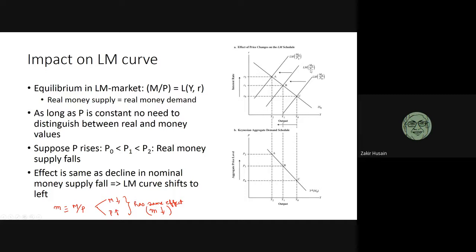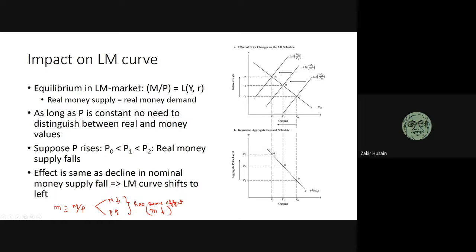You can see that as prices are rising from P0 to P1 and P2, the LM curve will shift leftwards. So the equilibrium output is going to decrease. Corresponding to P0, we have output Y0. When prices increase to P1, output falls to Y1, and so on.